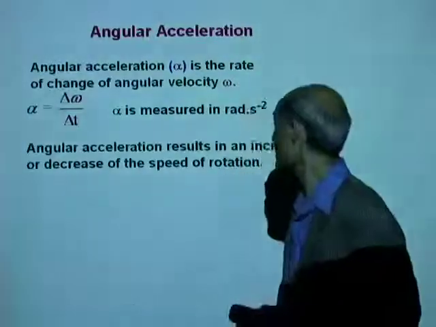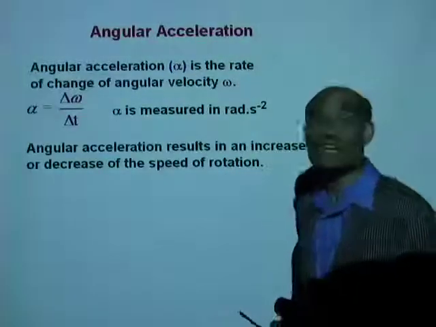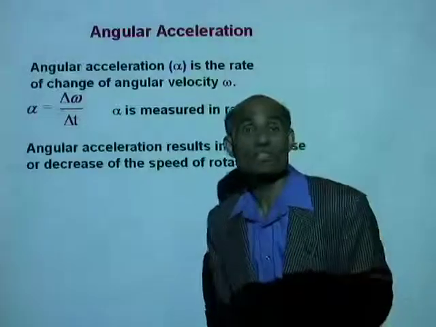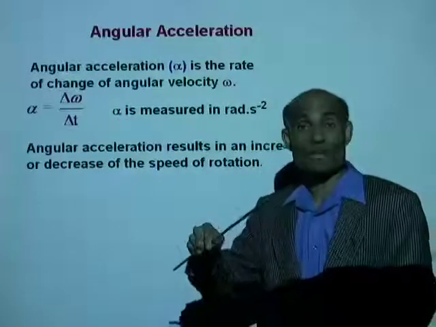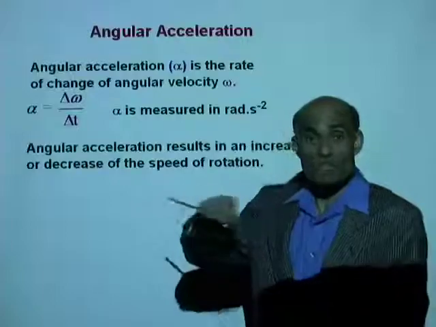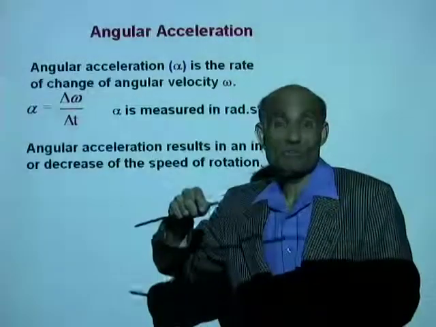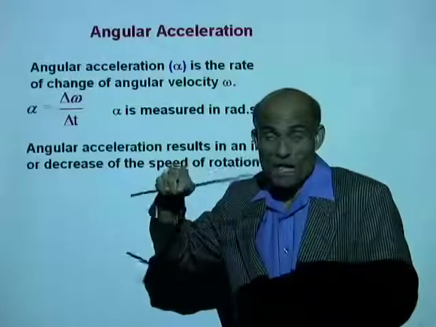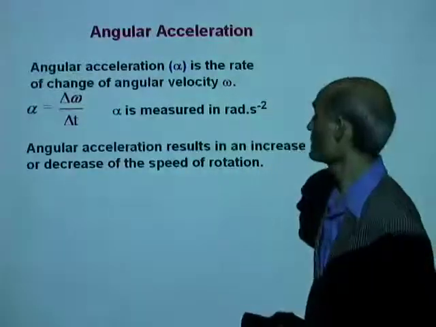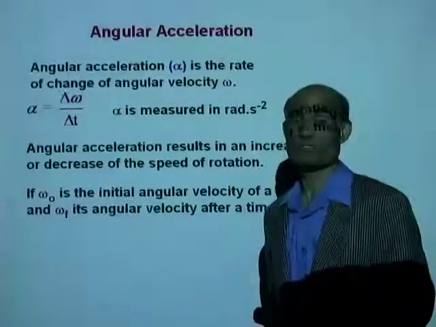So angular acceleration results in an increase or decrease in the speed of rotation. If the rotation gets speeded up, angular acceleration is positive, and if it slows down to 0, the angular acceleration is negative.